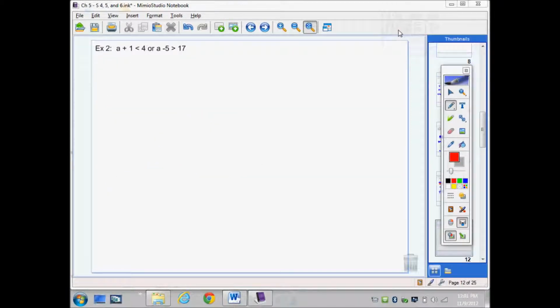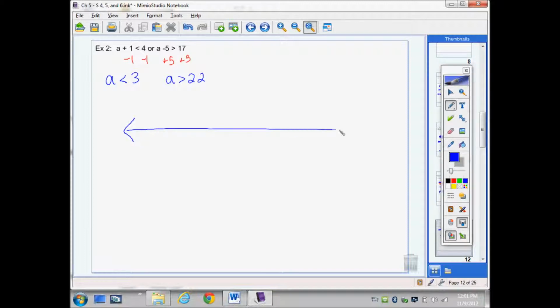I'm going to subtract 1 from both sides. So A will be less than 3. Or I can add 5 to both sides. So I get A is greater than 22. And these are going to be going different ways, right? So I'll have a 3 and I'll have a 22.